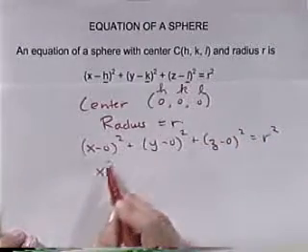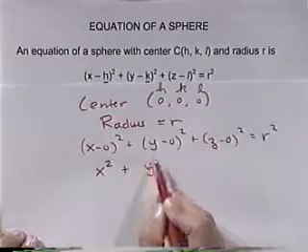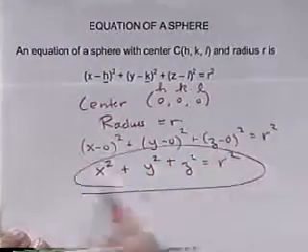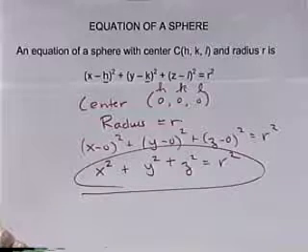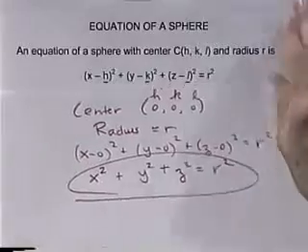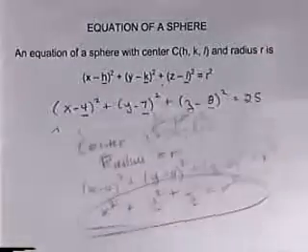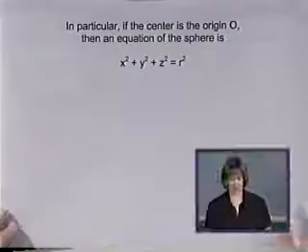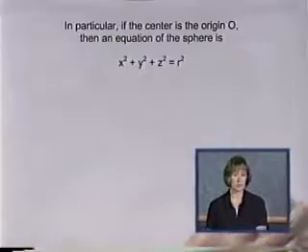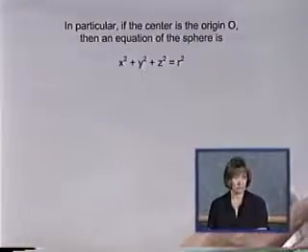Or you could write it much more succinctly as x squared plus y squared plus z squared equals r squared. And that would be the equation of a sphere whose center is (0, 0, 0) and whose radius is r. So we're going to see that a lot, and we'll just put that here. In particular, if the center of the sphere is the origin, then the equation of the sphere is just x squared plus y squared plus z squared equals r squared, which is a handy thing to know.